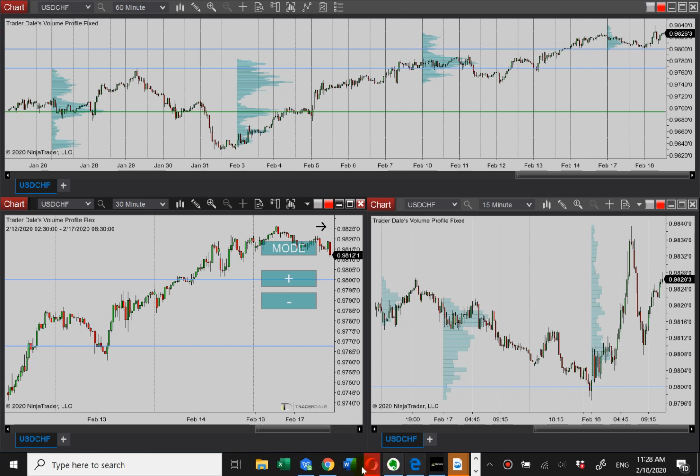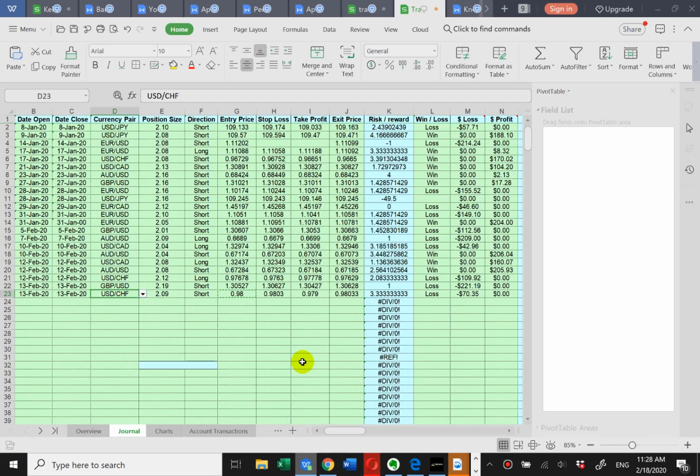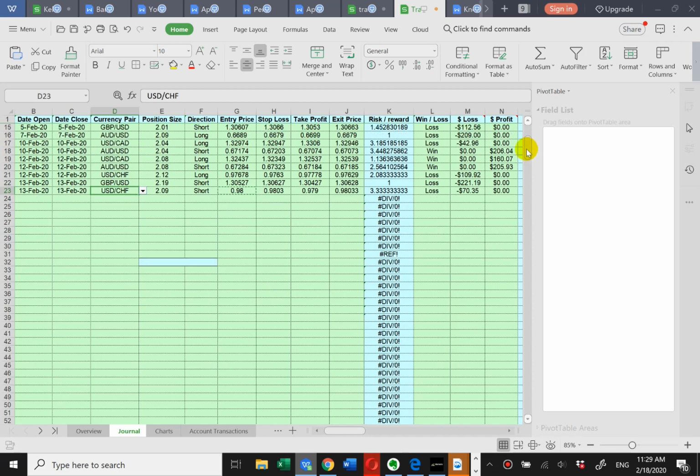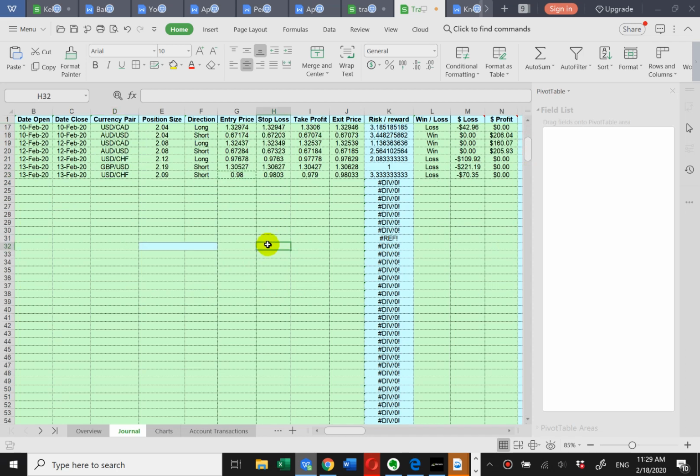Okay, so today will be our weekly review, and if we take a look at what happened, these are my trades for this week. If I could have your attention towards this chart, I'm going to put a picture on the video as well. This would be the trades for this week.